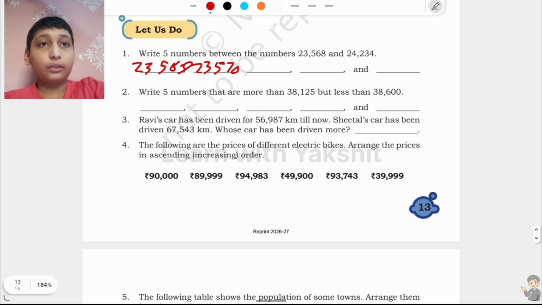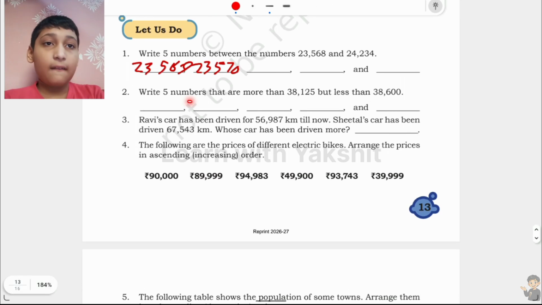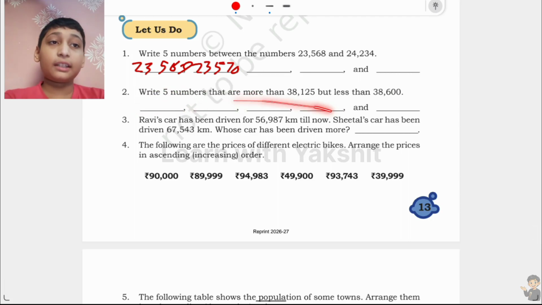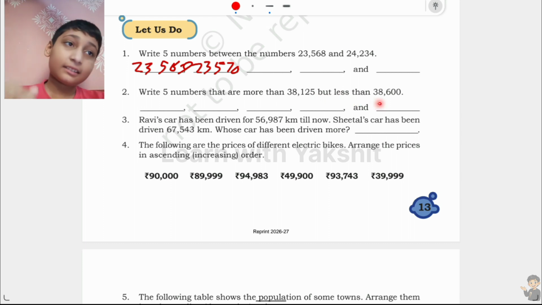Write 5 numbers that are more than 38,125 but less than 38,600.